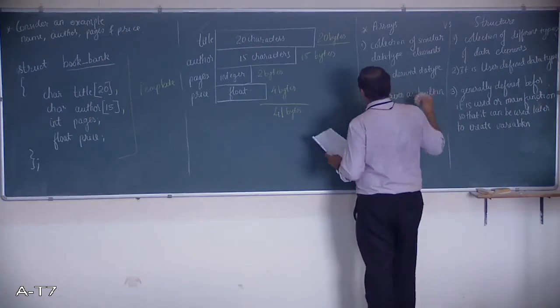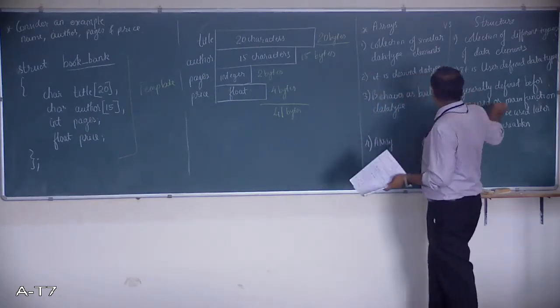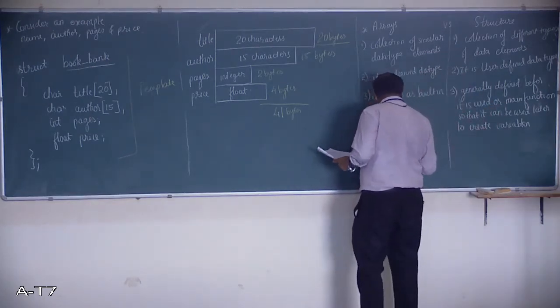Now there are basically four differences between array and structure. So we'll see one by one.